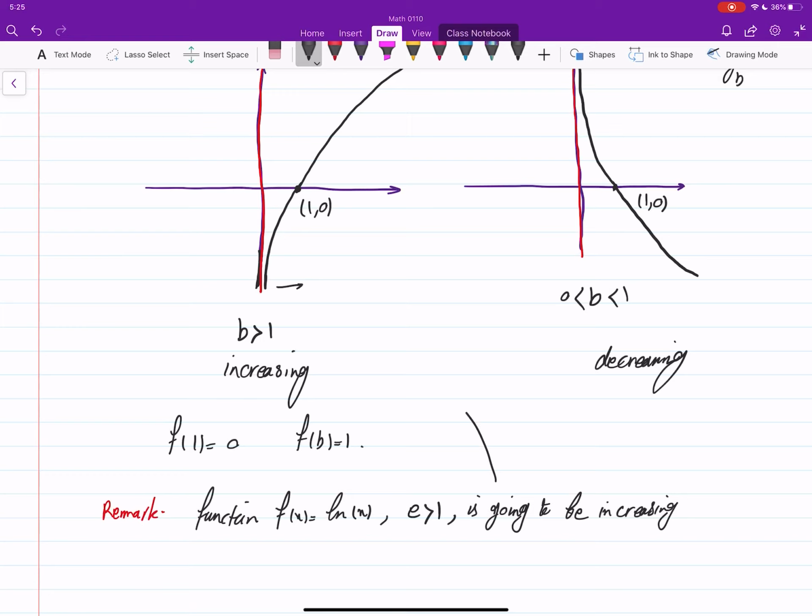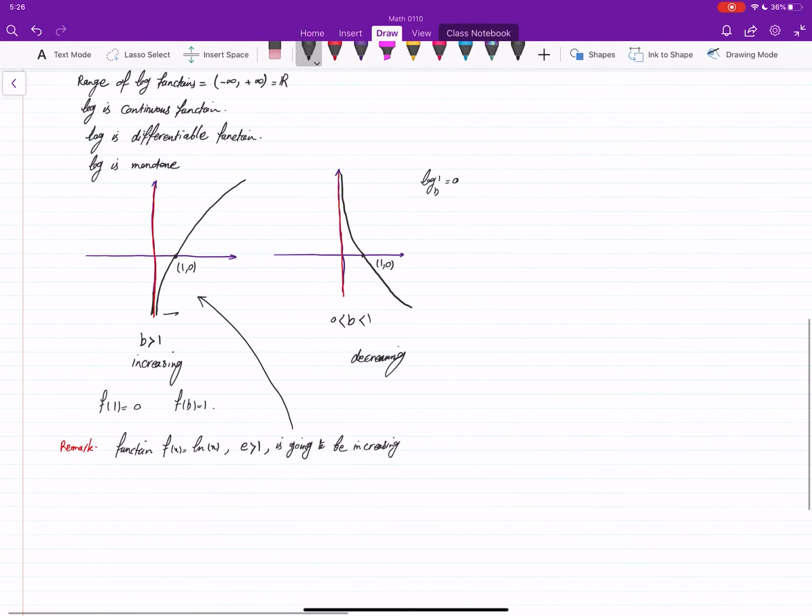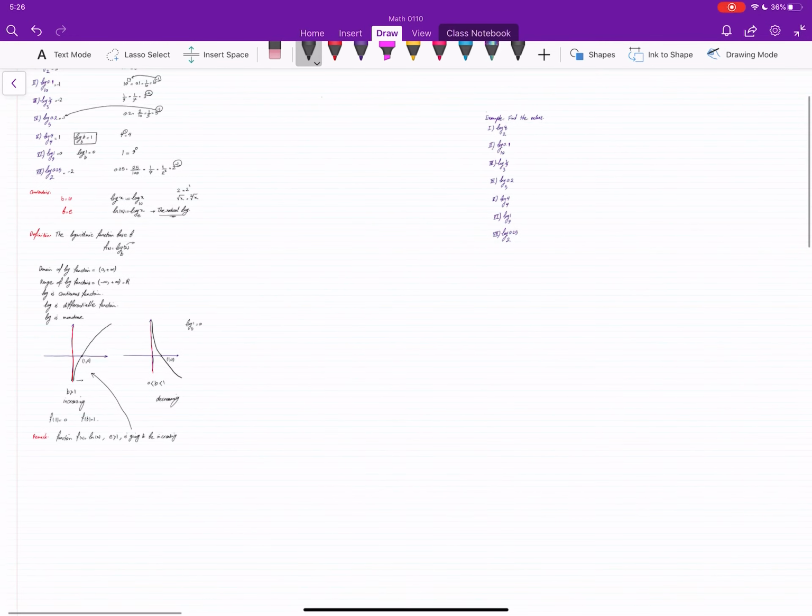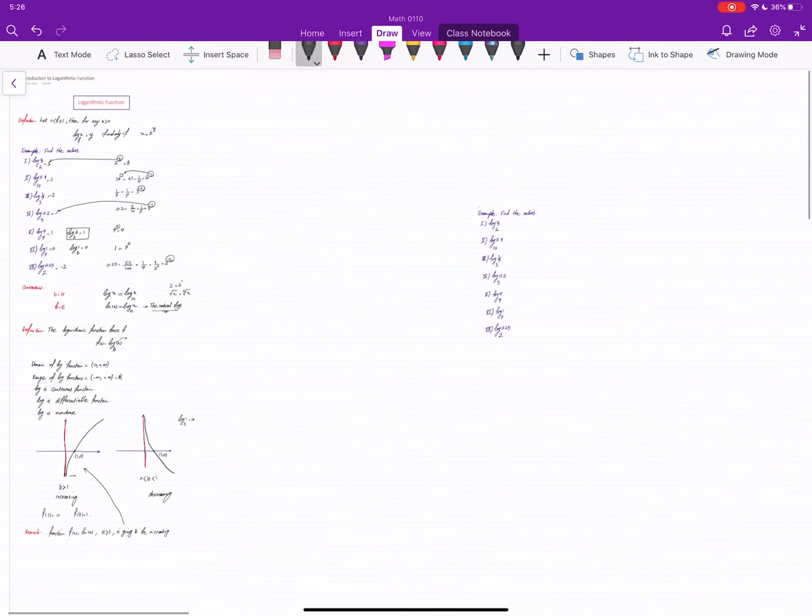It means that the graph of ln is of this form. Well, this was a very quick introduction to log and logarithmic functions.